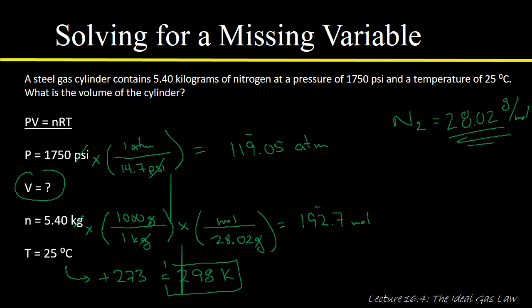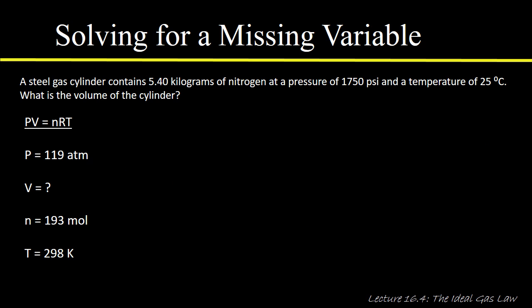All right, so those are the values that we want to use in our calculation. All right, let's look at how to do the calculation next. I've gone ahead and changed the values of our variables here. I changed the units on these to atmospheres, moles, and kelvins.